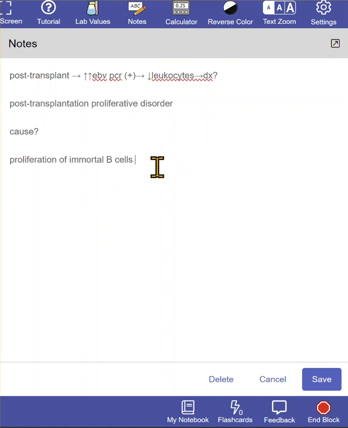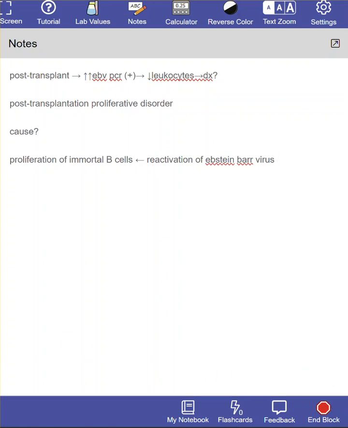So I'm just going to draw a thing here. So you have reactivation of Epstein-Barr. So that's a herpes virus. I don't remember what number. Okay, I believe it is herpes virus.